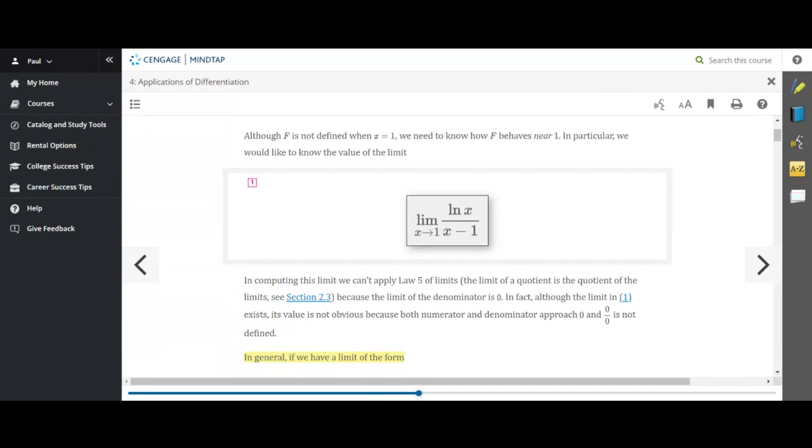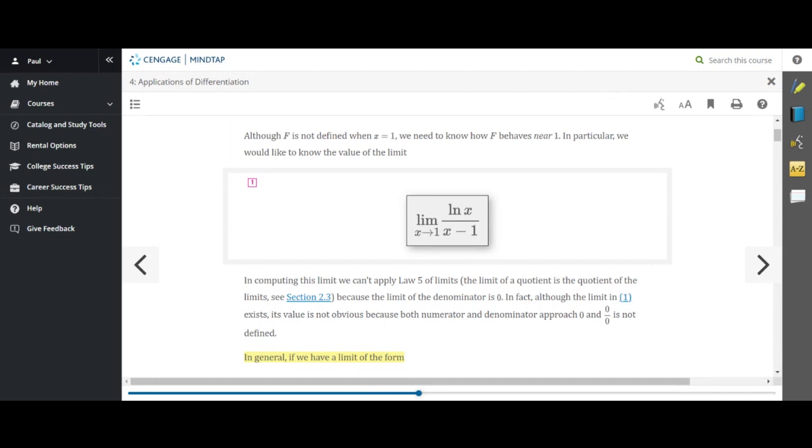What about the numerator, the natural log of x? What's the natural log of 1 equal to? 0. That's right, Jasmine. Good.